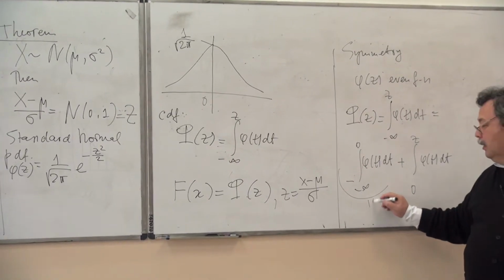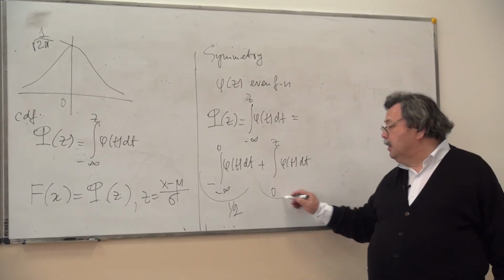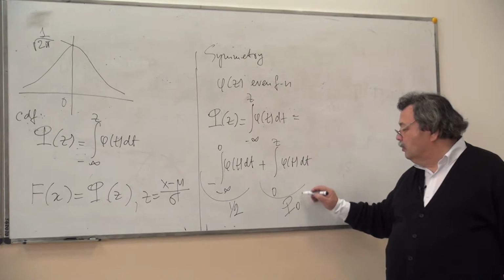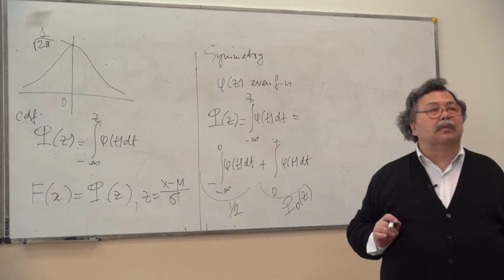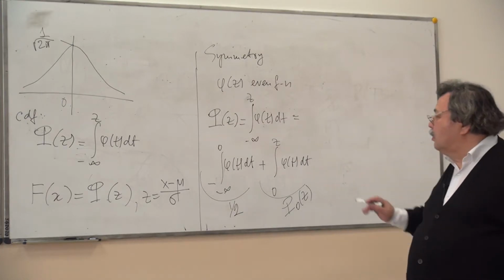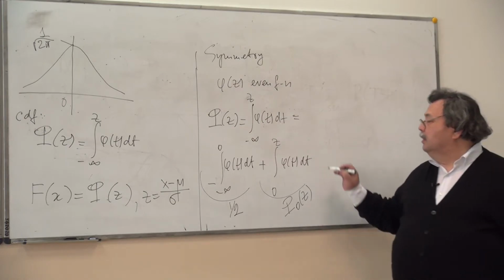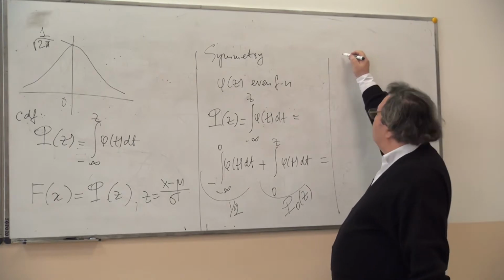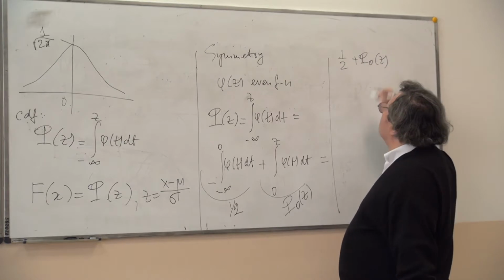That is 1/2. Okay. And let's introduce a special name for this other integral. Let's call it capital Phi 0 of z. Phi of z is just the cumulative distribution function, and let's call one piece of it Phi 0. Then we have 1/2 plus Phi 0 of z.